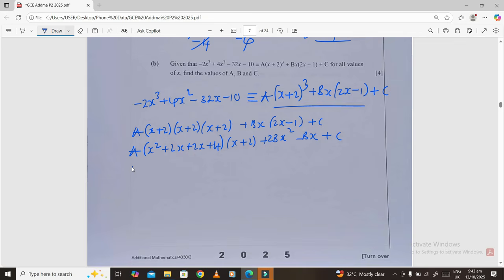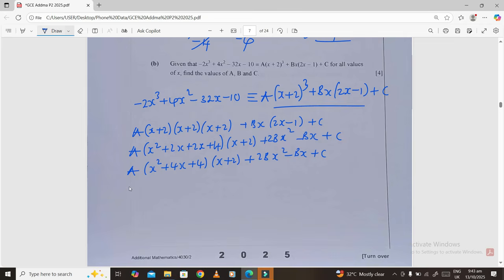So we can simplify here. That's x power 2 plus 4x plus 4, and then here it will be x plus 2, plus 2bx power 2 minus bx plus c.